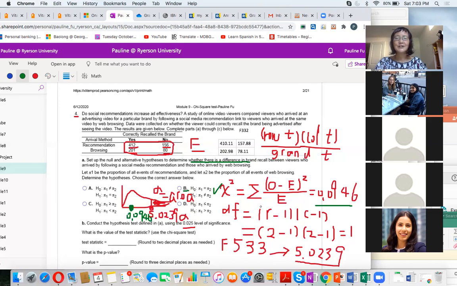Most students will go through it 3 times using this calculator so that they get the point. How do you use this calculator? To do chi-square test, specifically to find the test statistic and to find the p-value.